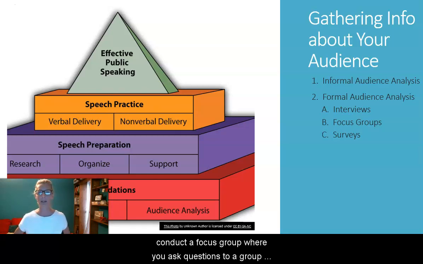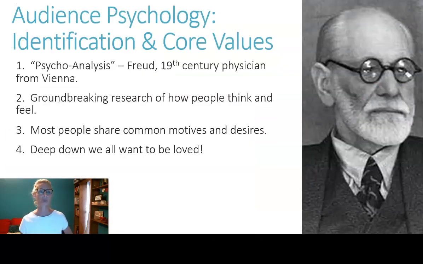Maybe you would conduct a focus group where you would ask questions to a group of people, and then you would learn kind of how they feel about a particular situation or a problem. And then you could use that information to best adapt your message to the people that you'll be presenting to. And then even surveys can help you to gain information about your audience.